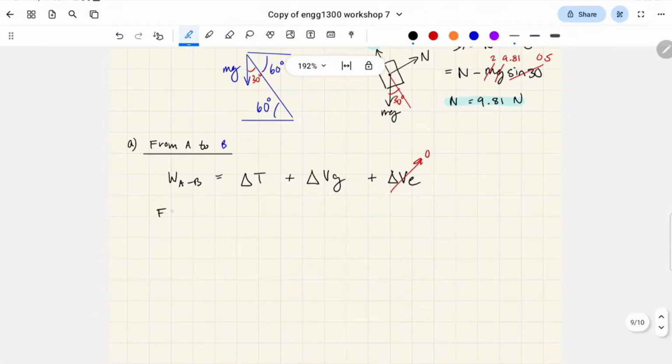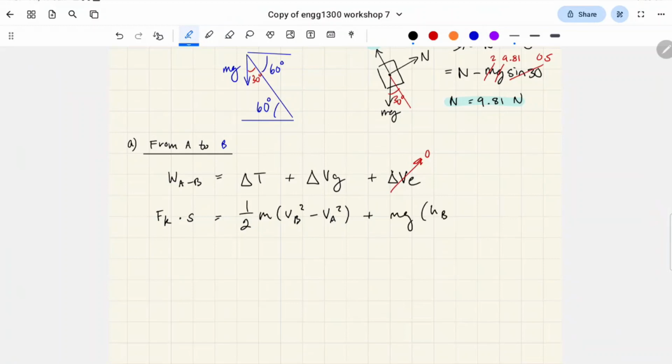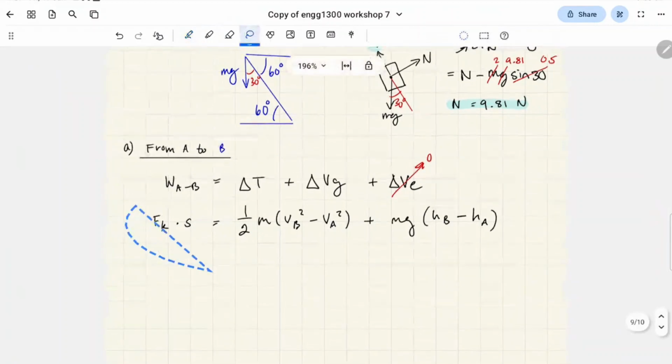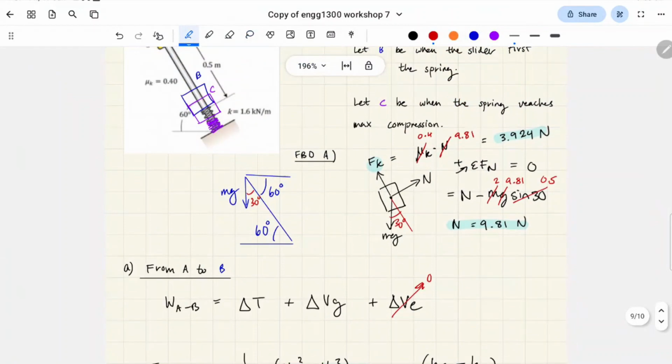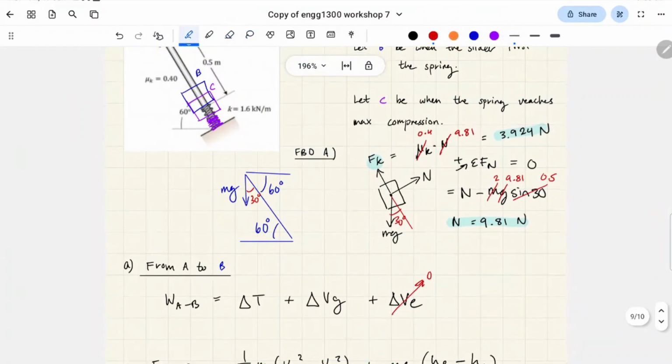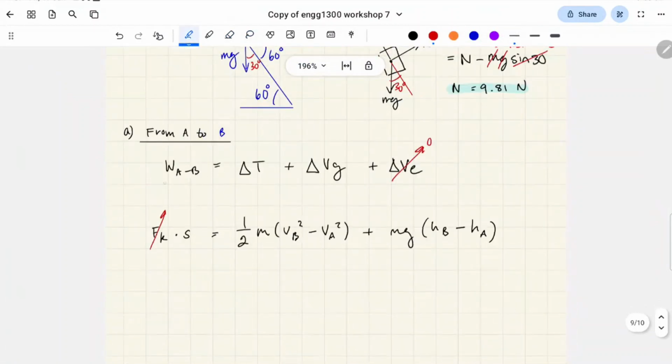This one is going to be Fk, S, right? So Fk, you can think of it in 2 ways. You can do the magnitude, like this.